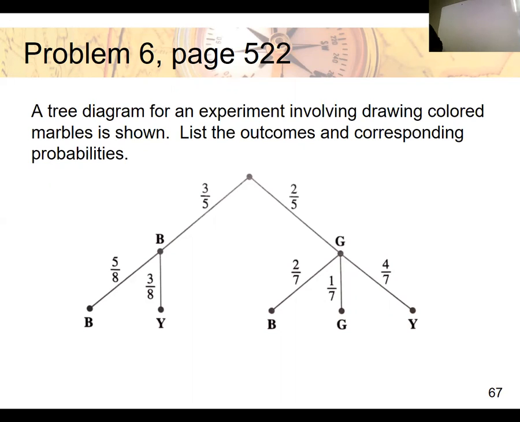So I'm going to copy this particular tree diagram, and we will list all the outcomes and their corresponding probabilities here. Okay, so here we go.